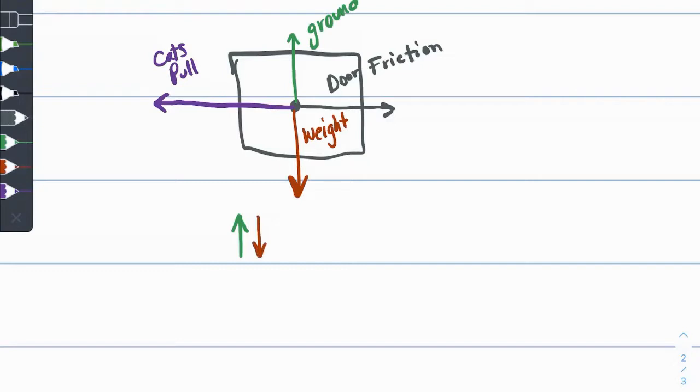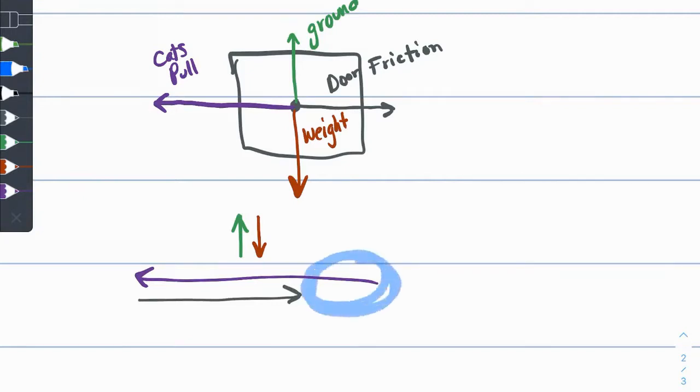But when we look at how hard that cat was pulling, it had a lot of pull, and it finally overcame the friction of the door. So therefore, once again, this would be the amount of motion that occurred, and since this is the extra amount in the arrow that's moving in this direction, then the overall motion would have been in that direction by this much right here, because that's the amount of difference in the arrows.